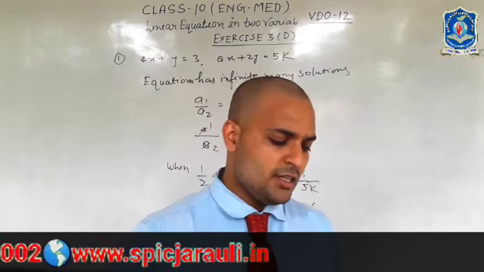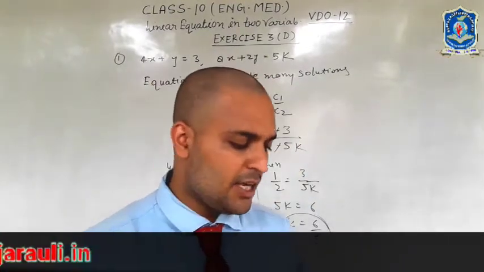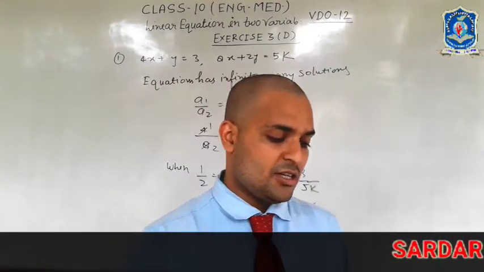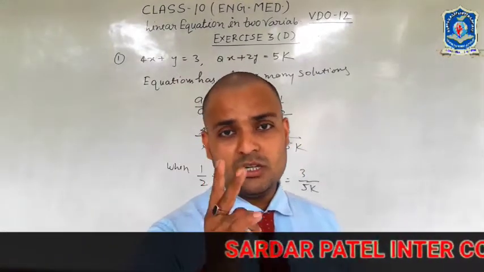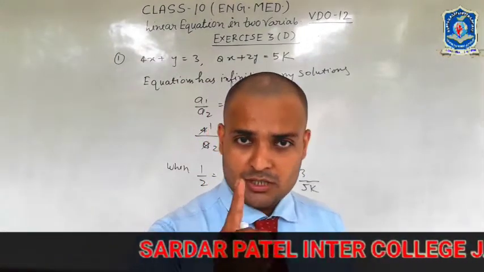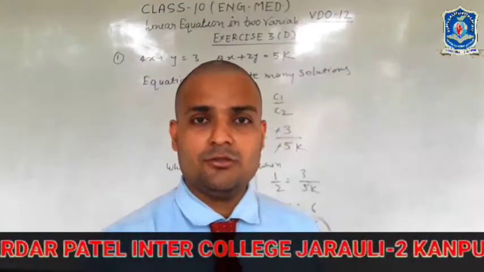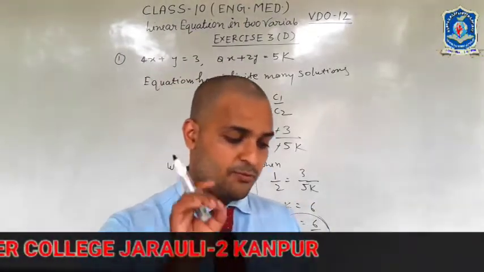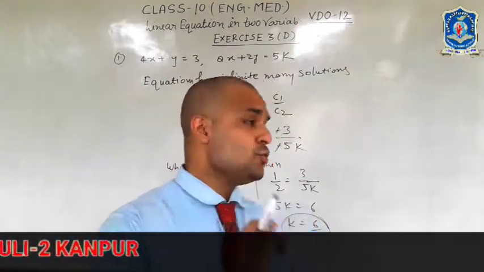So this question: when a system of linear equations is said to be consistent, find the value of k for which the given system is consistent. In this question we know that consistent covers two cases. The first was a unique solution, that was consistent, and the second was infinite many solutions, that was also consistent. So question number 4 will be solved for two cases.